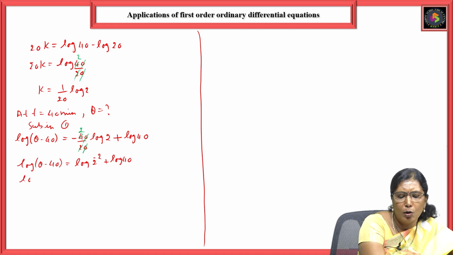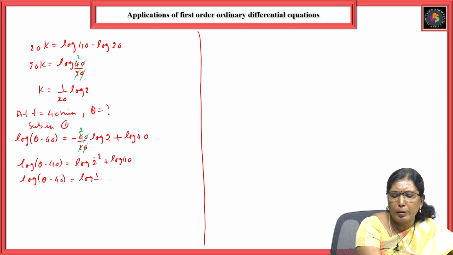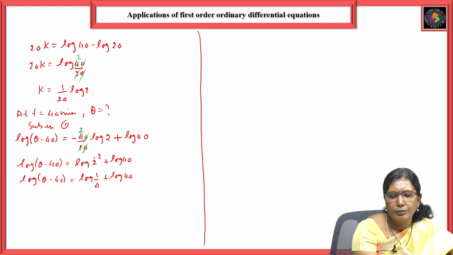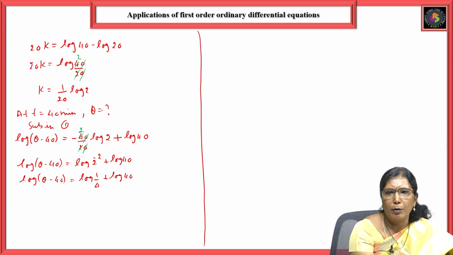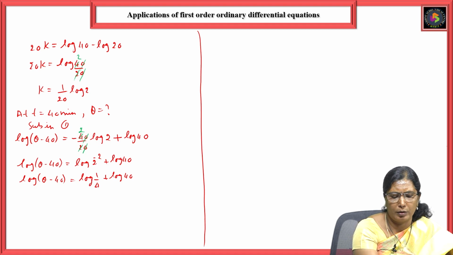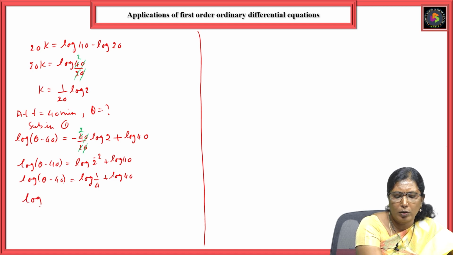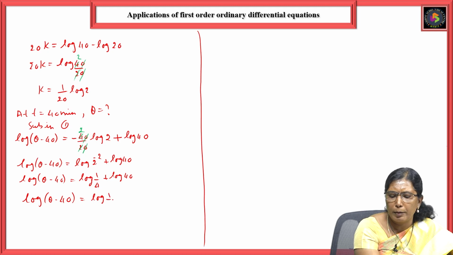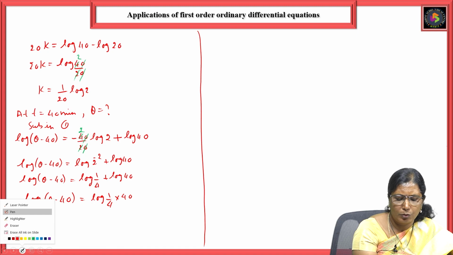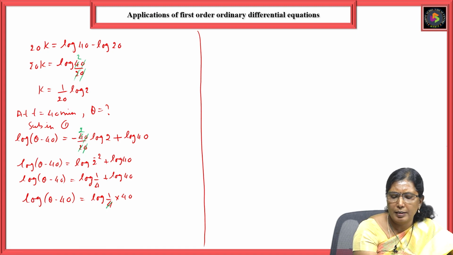So log theta minus 40 is equal to log 1 by 2 square, that is 4, plus log 40. You know that laws of log: log a plus log b is nothing but log a into b. So you can apply this: log theta minus 40 is equal to log 1 by 4 into 40. So what do you get here? This gets cancelled to 10.